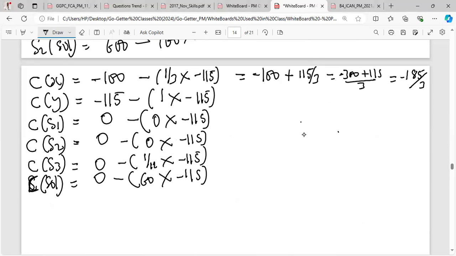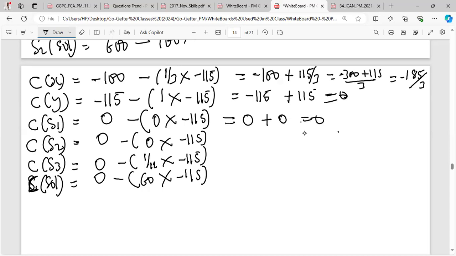This will give us minus 115. Minus times minus will give me plus. 1 times 115 will give me 115. If we do it, it's going to give us 0. We already have 0 written there. And this is going to give us 0, minus times minus gives me a plus. 0 times 115, so it's going to give me 0.